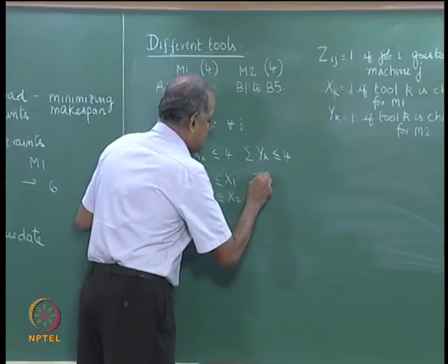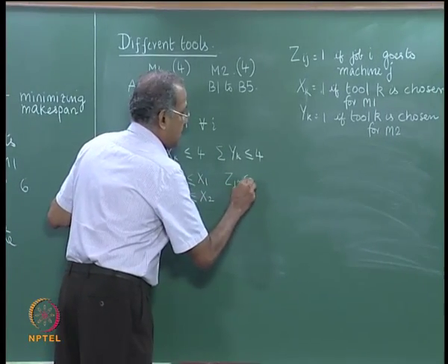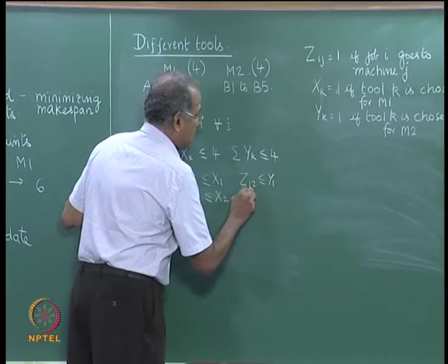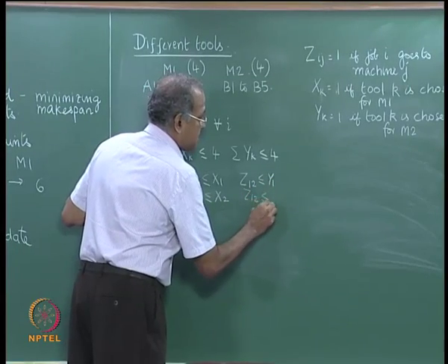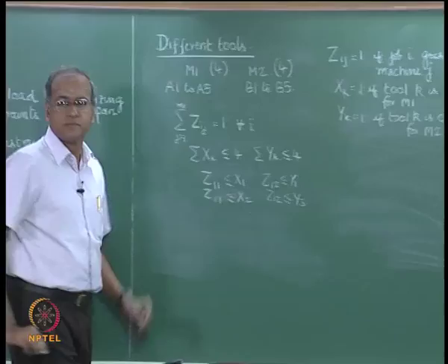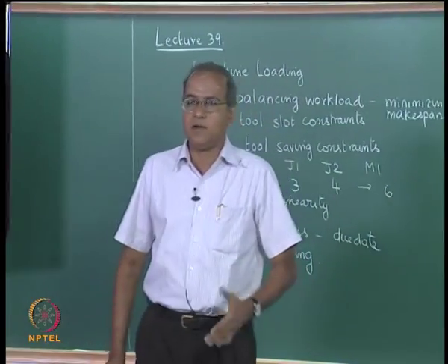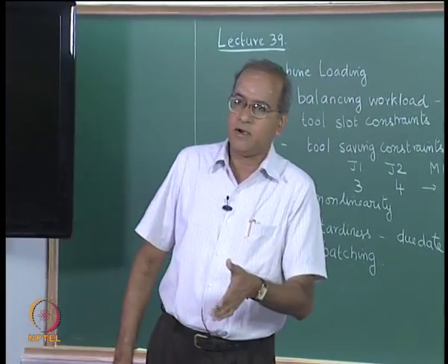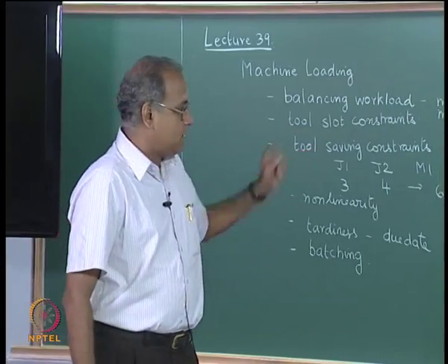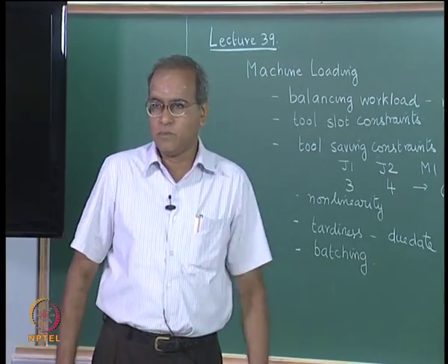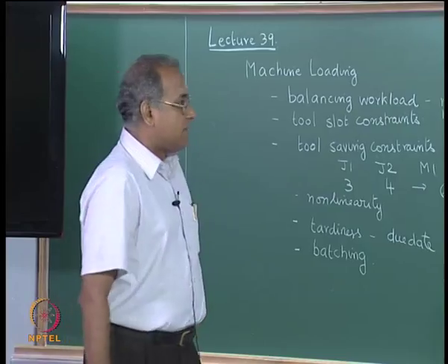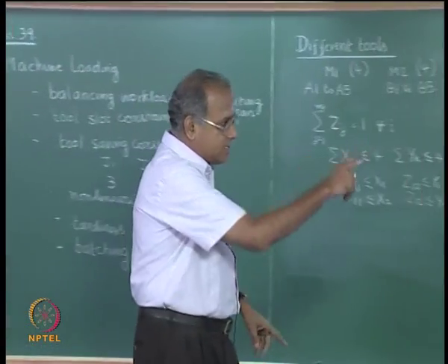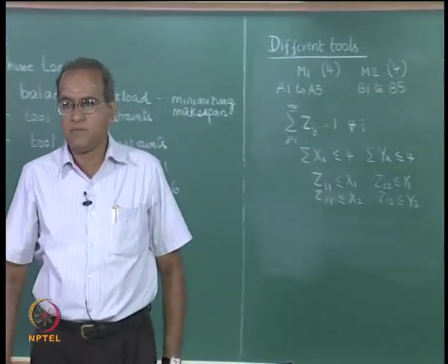Now, once we write these two, the rest of them are obvious. So, this will give us Z12 is less than or equal to y1, Z12 is less than or equal to y3, because tools B1 and B3 are required if we have to do job 1 on machine 2. So, we have one constraint for each of these tools that we have there.